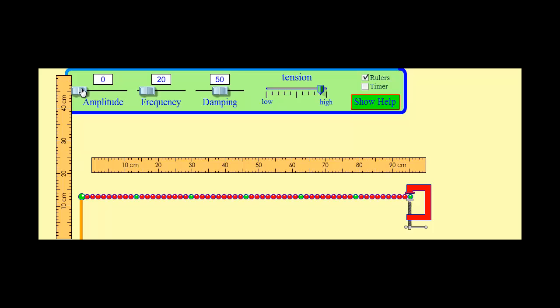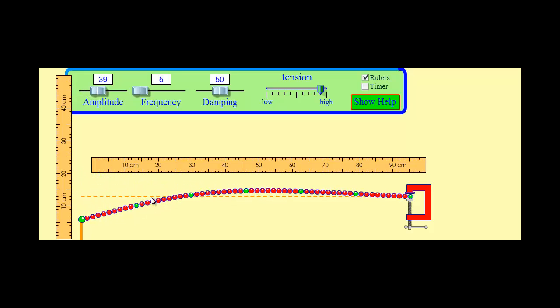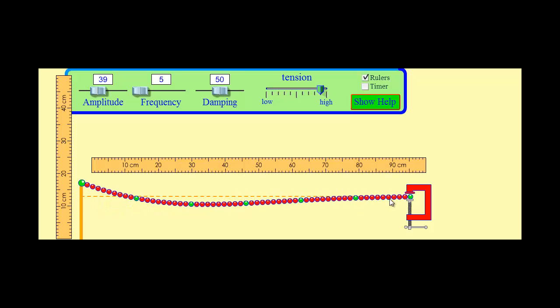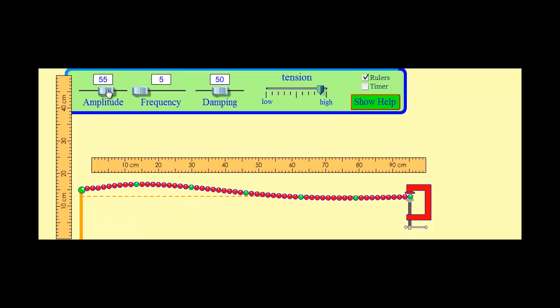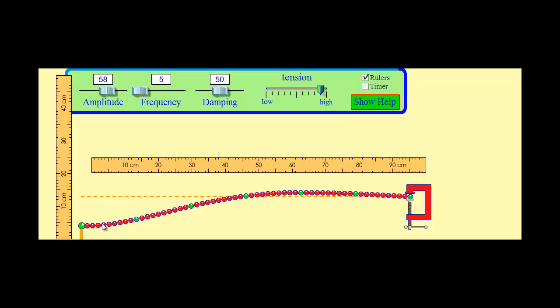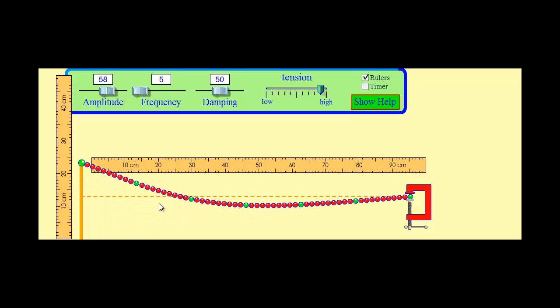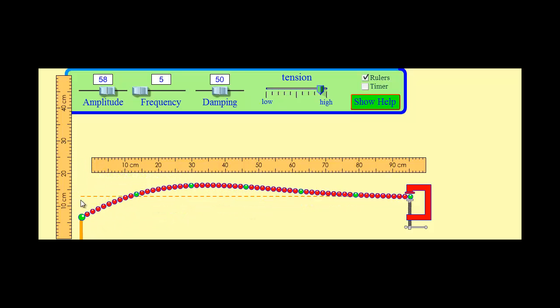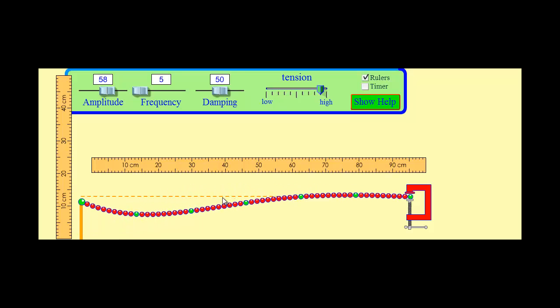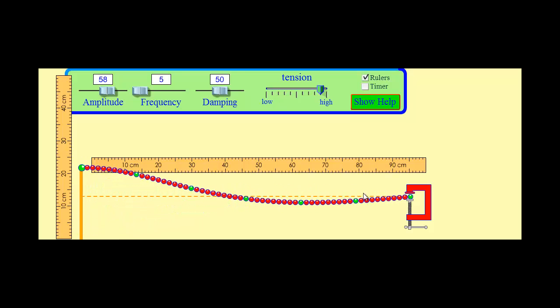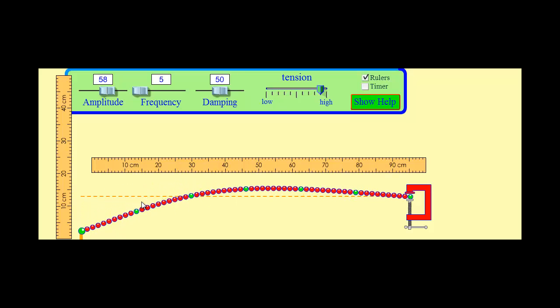Let's see what happens. So here we have it, waves are being produced. As you can see, there are several particles, each of them vibrating from a fixed mean position. The straight line, this one, is the average position of all the particles.